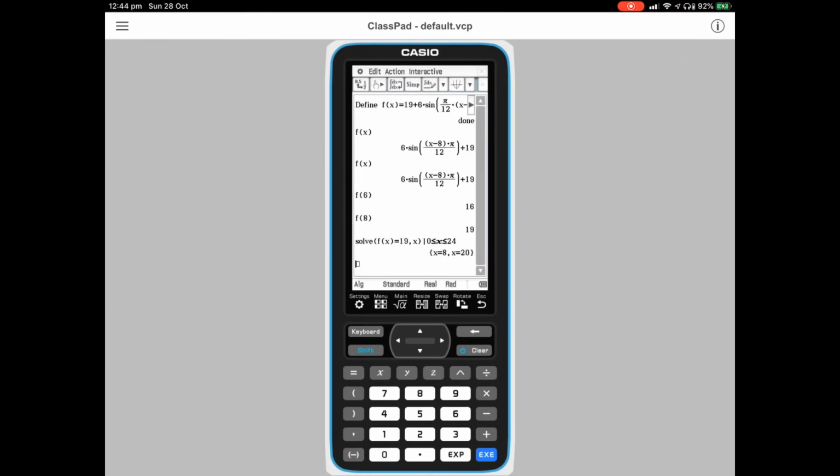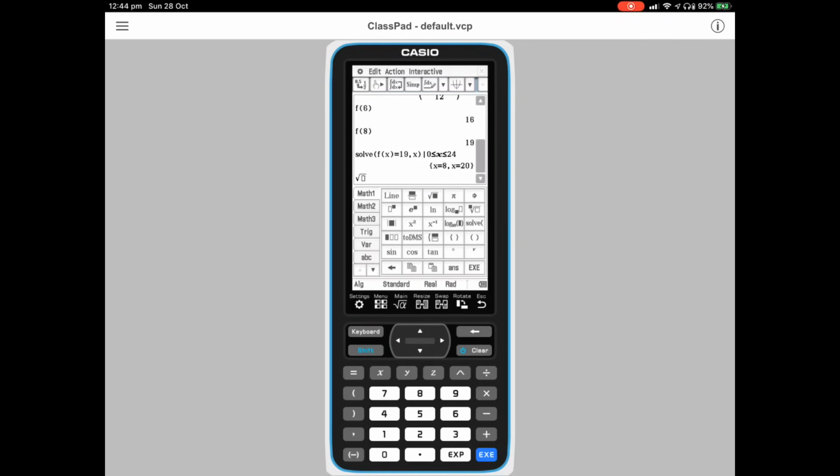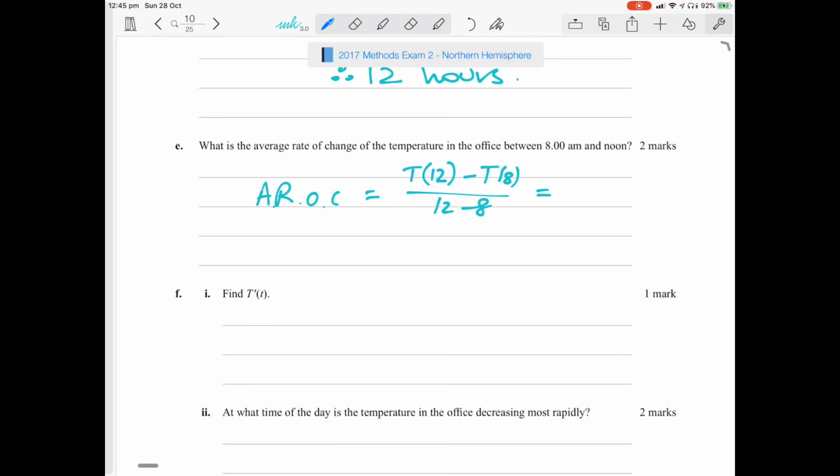So F of 12 minus F of 8 on 12 minus 8. Root 3 root 3 on 4. Degrees Celsius per hour.